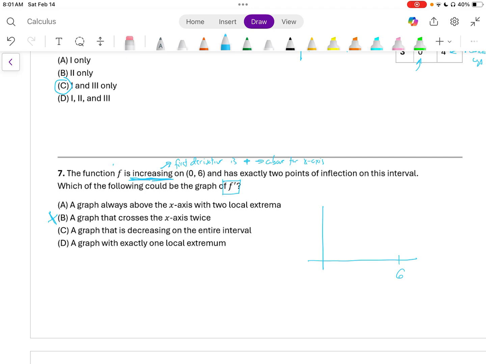Has exactly 2 points of inflection. So 2 points of inflection means that if we think of this graph, and let's just draw 2 points of inflection. So here's one, and here's one.